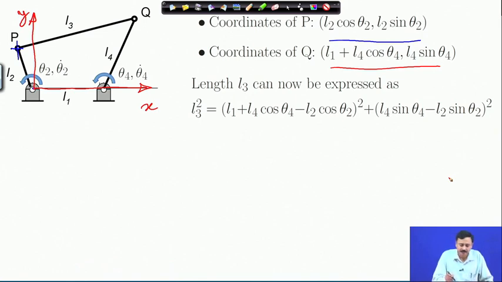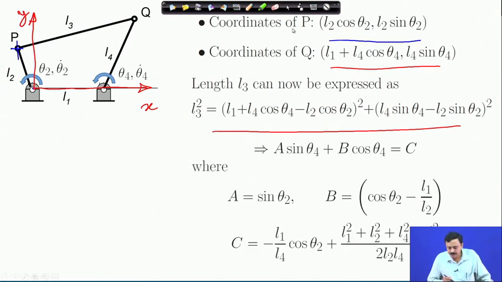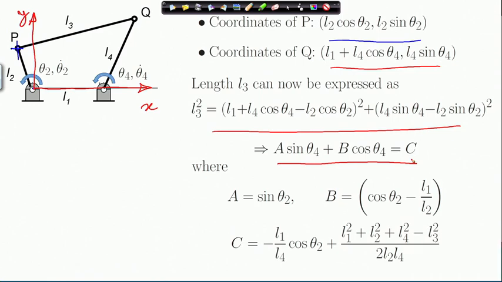The length of link 3 can be expressed in this form, and this expression can be rewritten as a sin theta 4 plus b cos theta 4 equal to c, where a, b, c are completely known because theta 2 is known. So, this was the displacement analysis problem of finding theta 4 given theta 2.